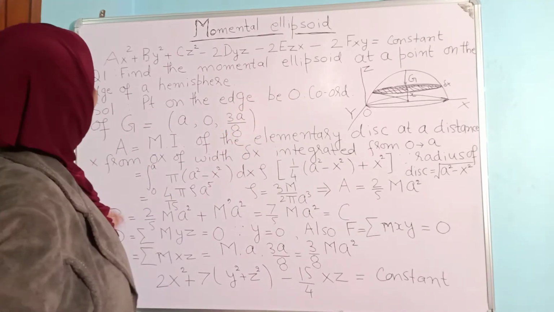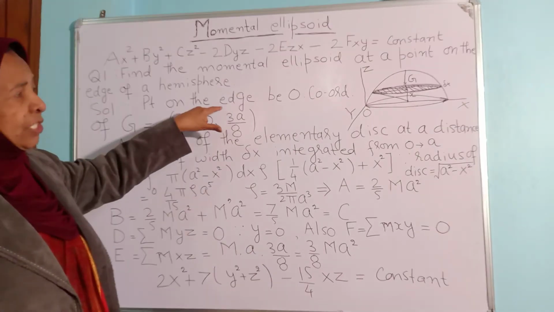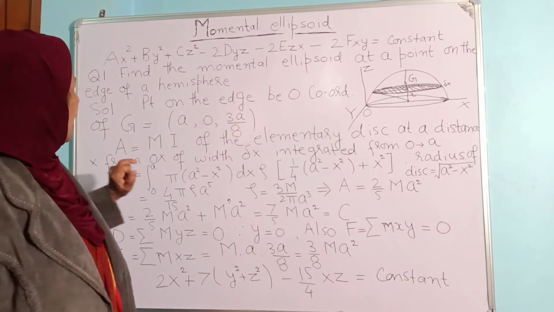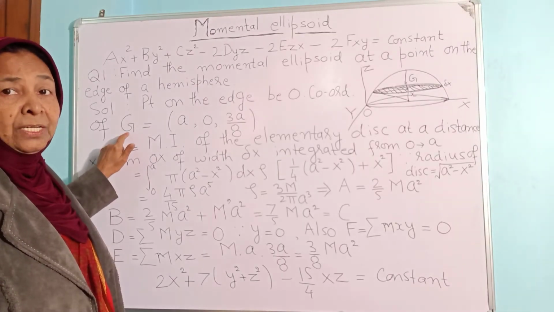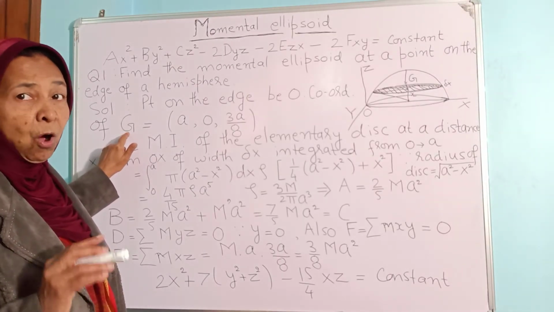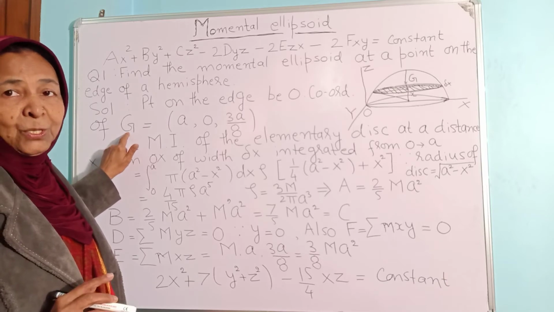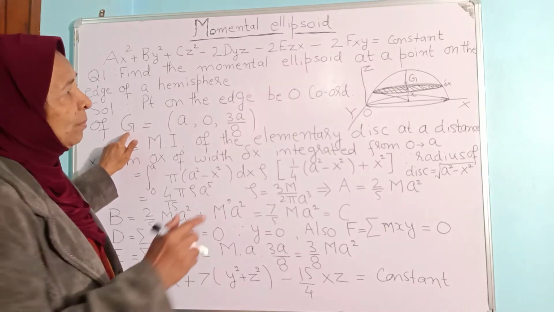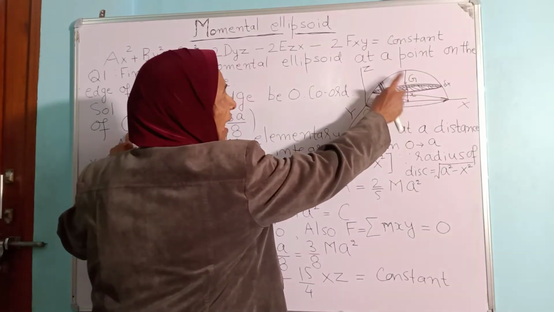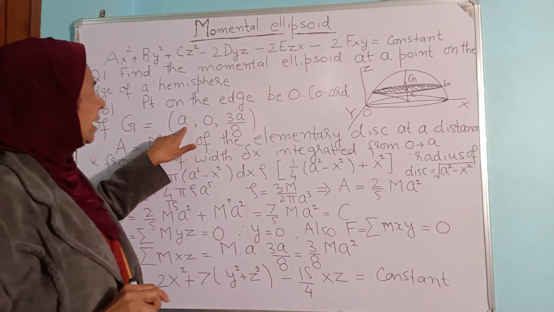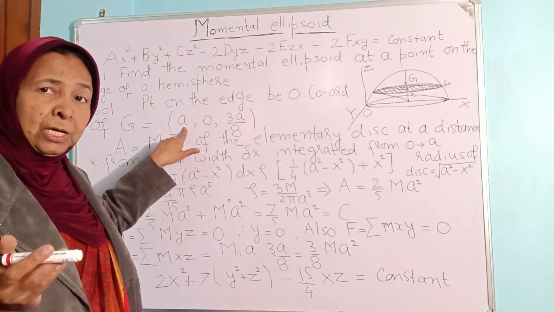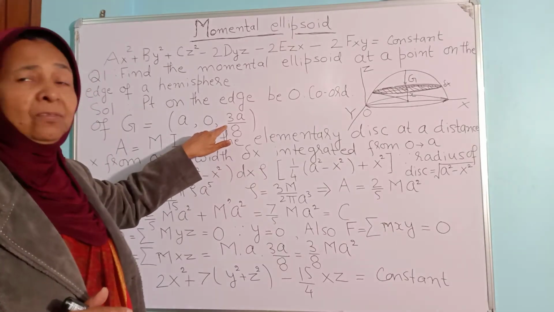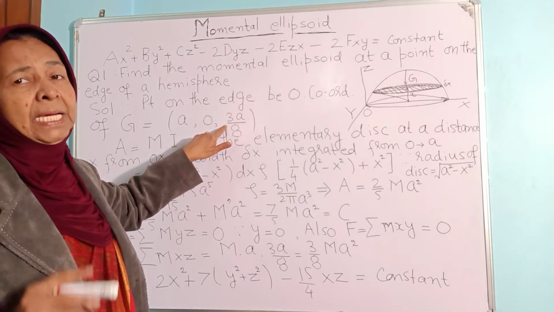Okay. So the point on the edge is taken as O, and the coordinates of G, the center of gravity of the hemisphere, you know where it is? It will be at G, and the coordinates of G: x coordinate will be a, y coordinate will be 0, and z coordinate will be 3a/8.